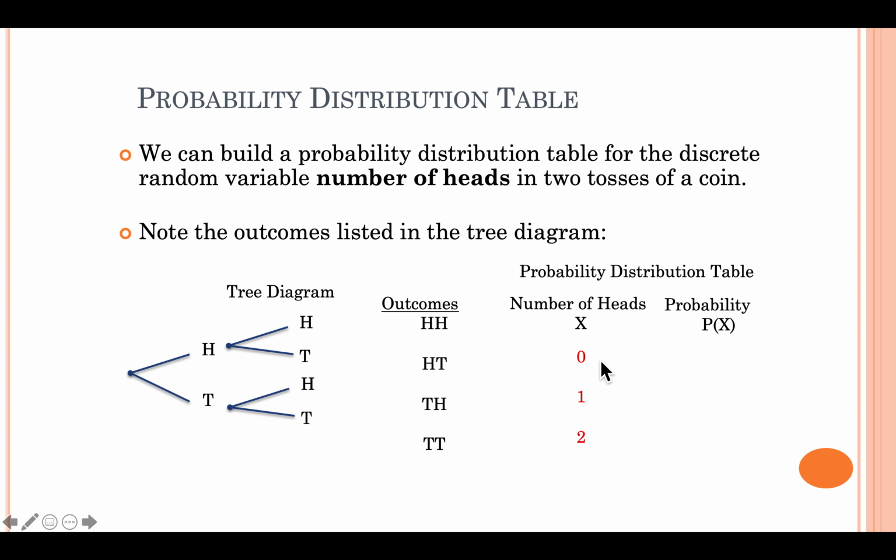When you flip a coin twice, the minimum number of heads that are possible is 0, and the maximum number of heads that are possible is 2. There could be no more.